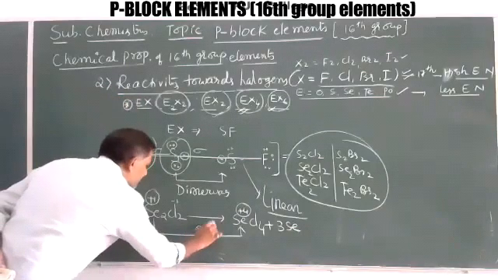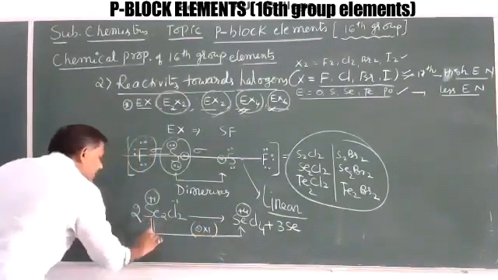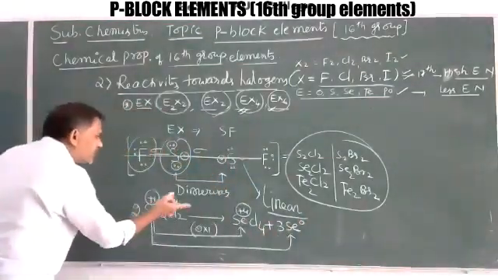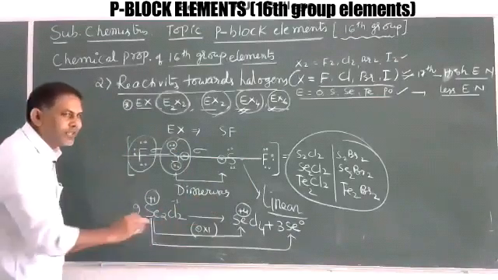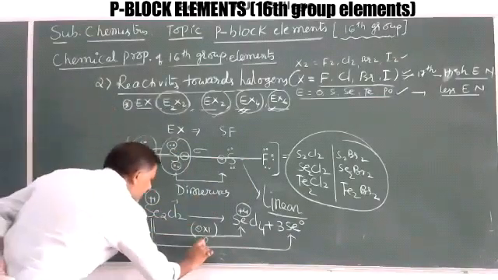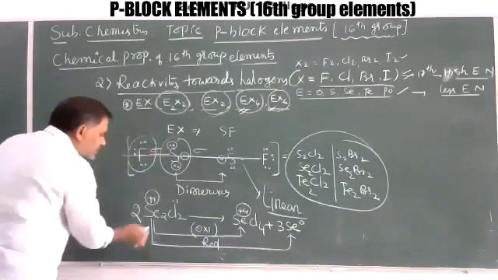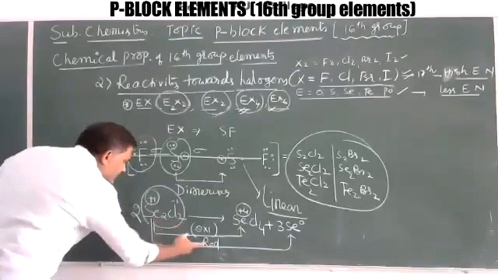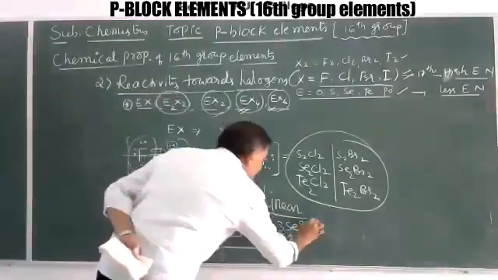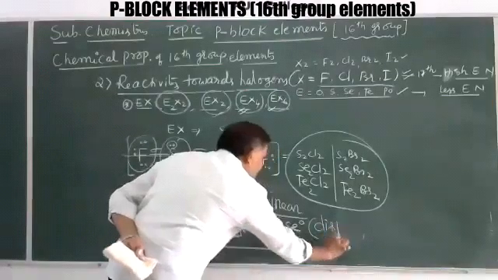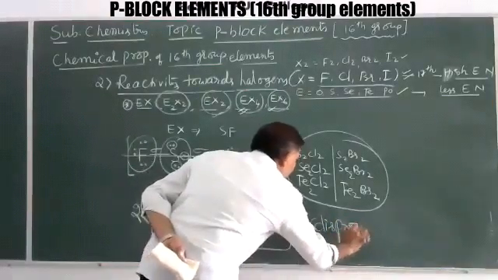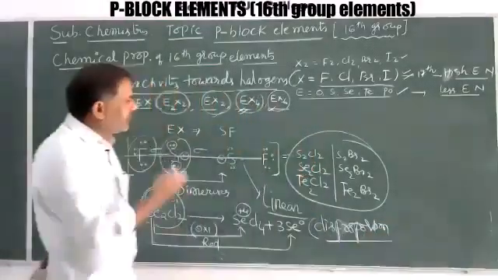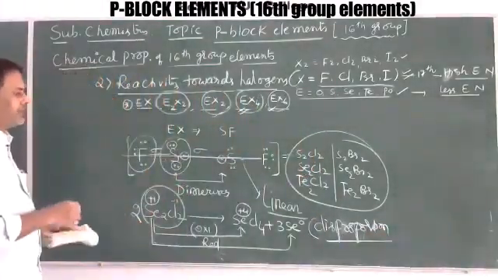Oxidation reaction takes place. The same selenium, here it is 0. So +1 to 0 means positive charge decreases, negative charge increases, meaning the reduction reaction takes place. So in one compound, the selenium undergoes both oxidation as well as reduction. That's why it is disproportionation. Very, very important reaction it is.